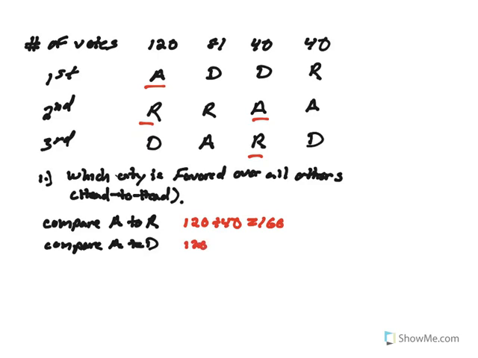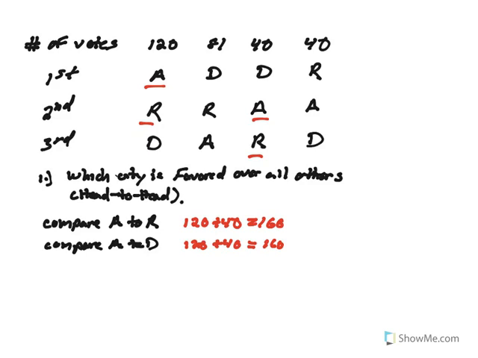In the second column, D is favored over A, so that's not going to count. Same thing with the third column, but in the fourth column, A is favored over D. So when you add 120 plus 40, you get 160 votes.